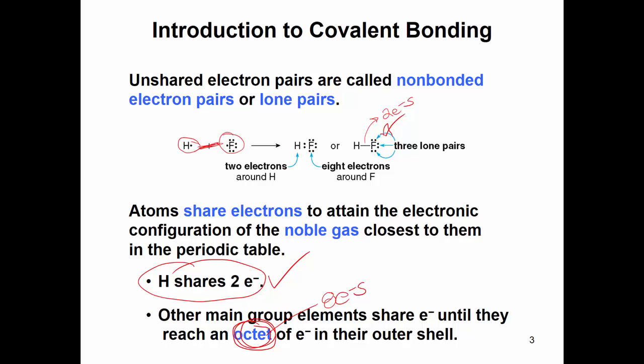The electrons that are not in a bond are called lone pairs or non-bonded electrons. So this would be bonded, that's a bond, but these 2, 4, 6 electrons here that come in pairs, those are our lone pairs.